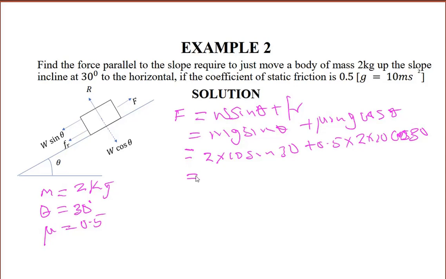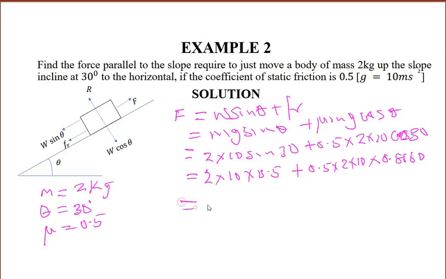So we are going to have 2 times 10 times 0.5 plus 0.5 times 2 times 10, cos 30 is 0.8660.